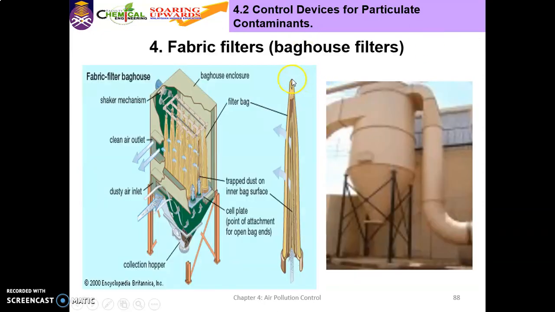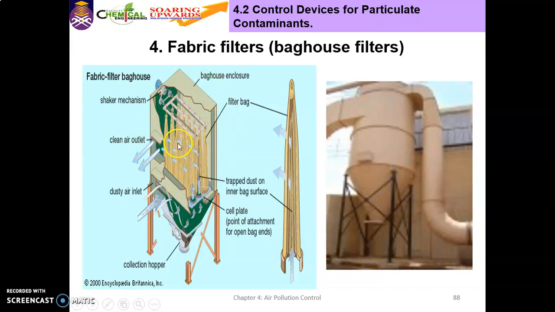Next, number 4, fabric filter, also known as baghouse filter, because it uses fabric as the filter. As you can see, the dusty air inlet also comes in from the bottom, and then is filtered through the fabric. This is the fabric, a series of fabrics inside the equipment.